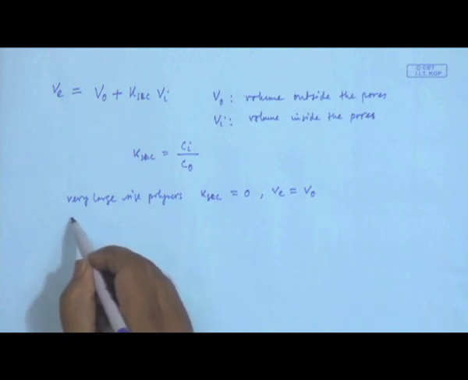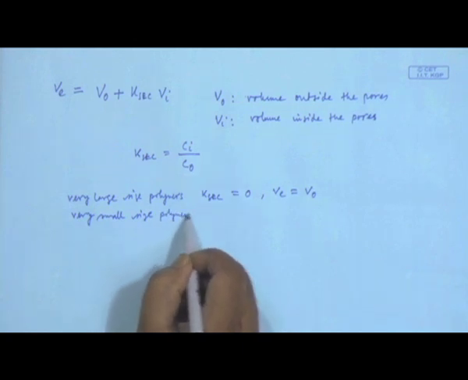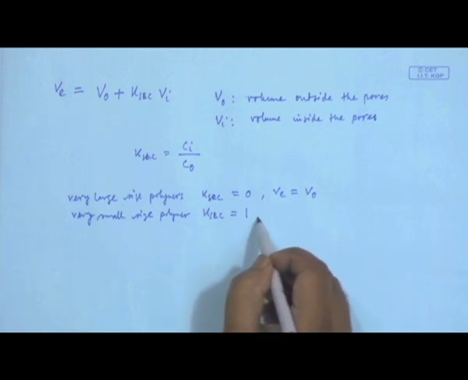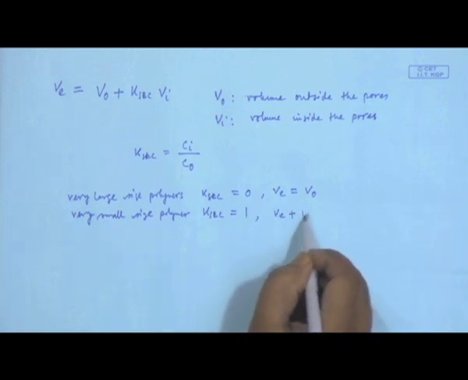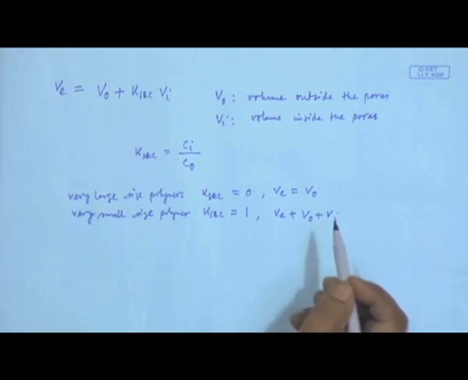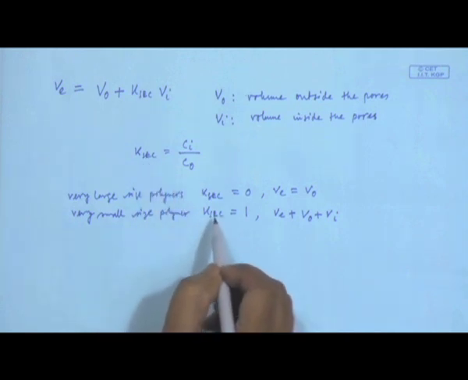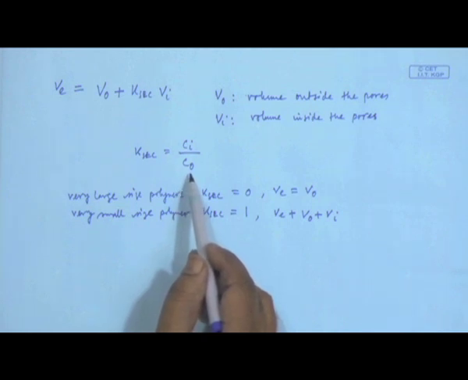If the polymer size is very small, then almost exclusively they will enter the pores, and K_SEC will be 1, which gives us V is V0 plus Vi. So K_SEC is basically the equilibrium constant for the partition of polymer molecules between inside and outside the pores.